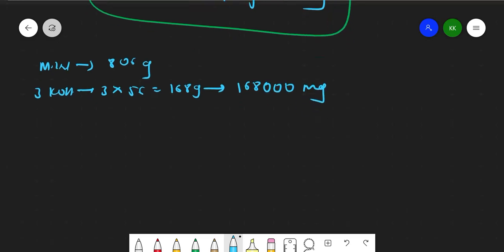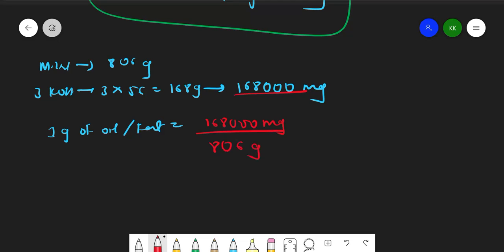So now to calculate for 1 gram of oil or fat, I took 168,000 milligram of KOH required to saponify 806 gram of this oil or fat, and I got around 208.4. So this is the saponification value I told, right?